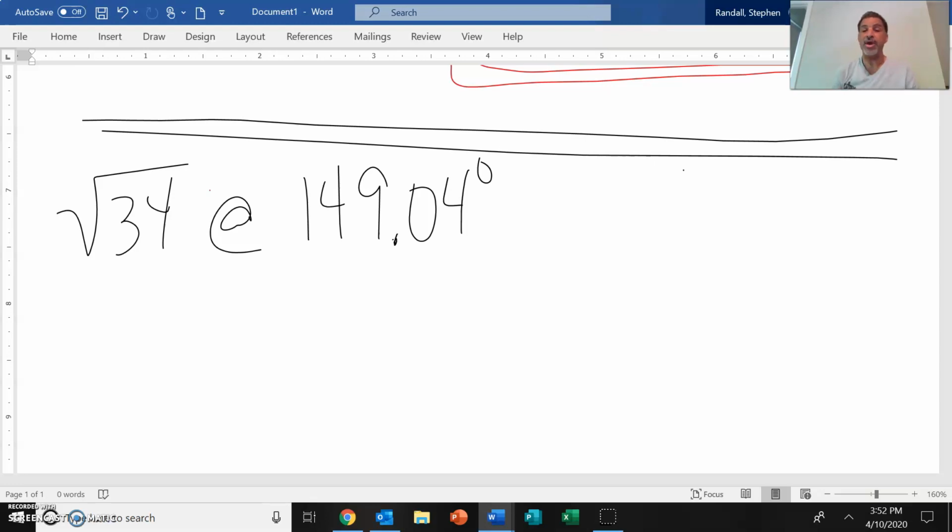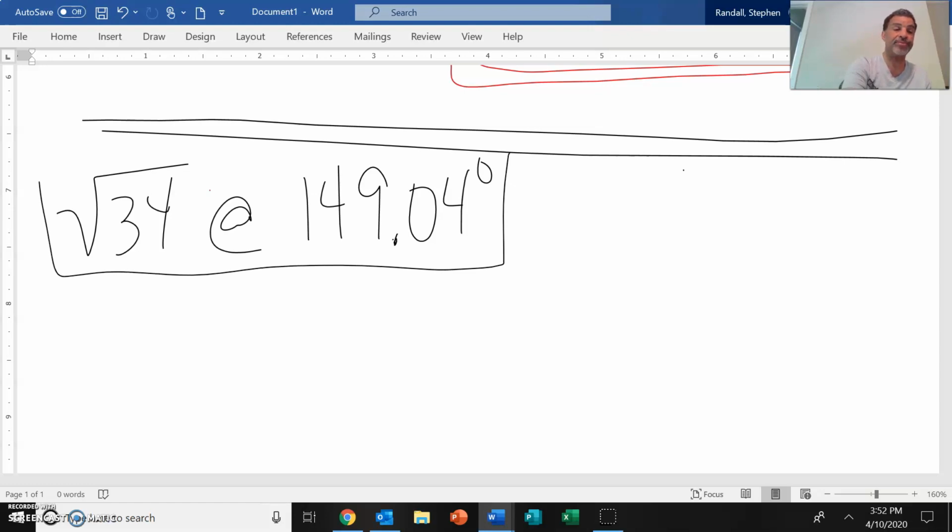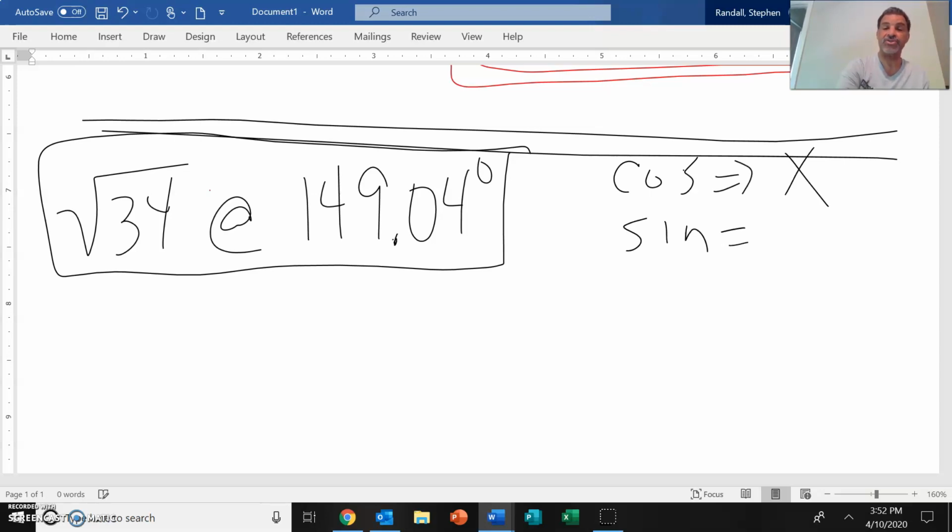We know from our unit circle, back in September, I said we'd be using the unit circle all the way through the year. One of the biggest things we have to remember from the unit circle is that the cosine refers to the x and the sine refers to the y.